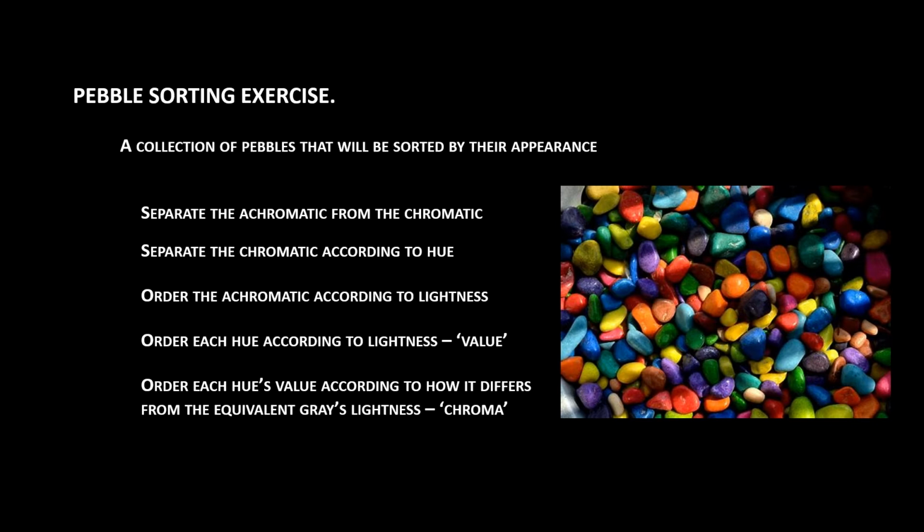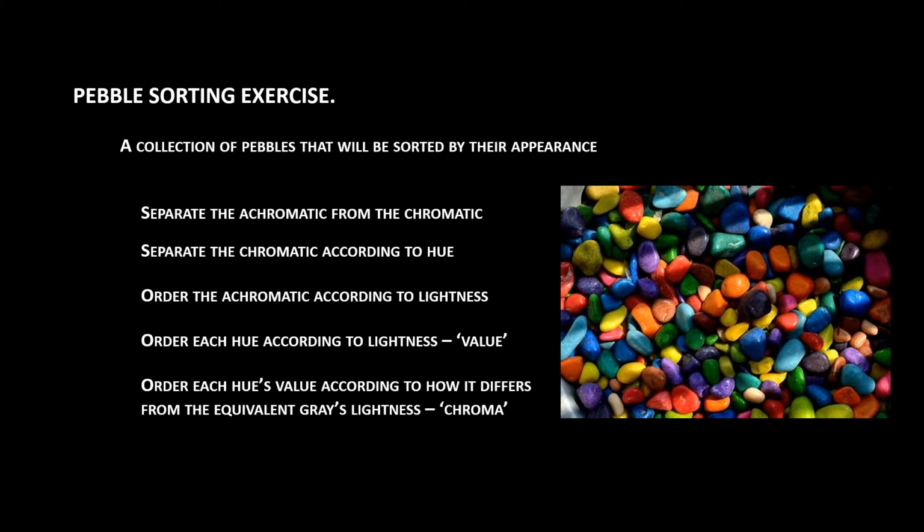Then you would identify and select the pebbles of a specific color, say yellow, and gather all of those together. Then you would go for blue, red, and so on, in other words, create piles of pebbles according to their color, or as we call them, the hue.